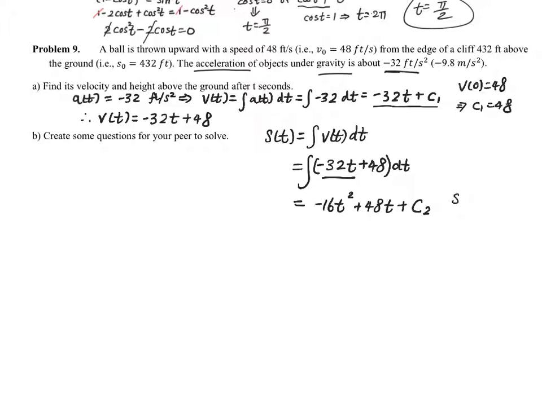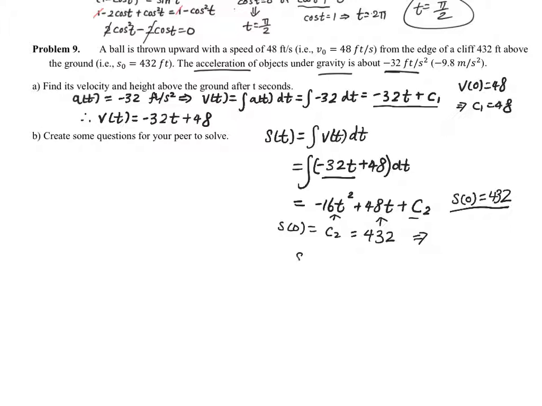And because we do know the initial position is 432 feet above the ground, we plug in 0 for t. Because when you plug in 0, this is 0, this is 0, you're left with c2, and this is equal to the initial position, 432.